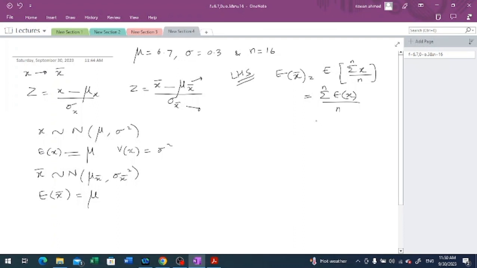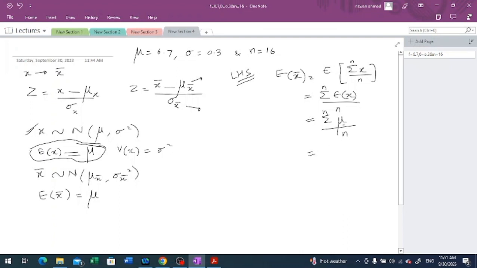Now the expected value of x is equal to mu, and wherever we find the expected value of x, we can substitute mu in its place.